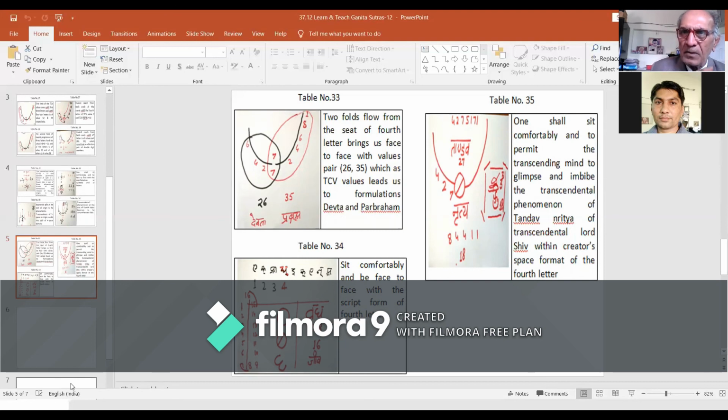Therefore, the transcendental attainment of the Vedic mathematics in itself is a transcendental phenomenon of transformation of the intelligence field because of the consciousness foundation.